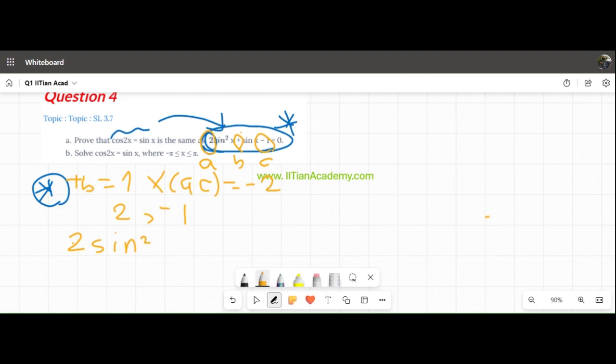We write 2 sine squared x, and we will substitute these two values for our second term, sine x. So instead of plus sine x, it will now be plus 2 sine x minus sine x, and then we'll put our last term, which is negative 1, and all of this is equal to 0.